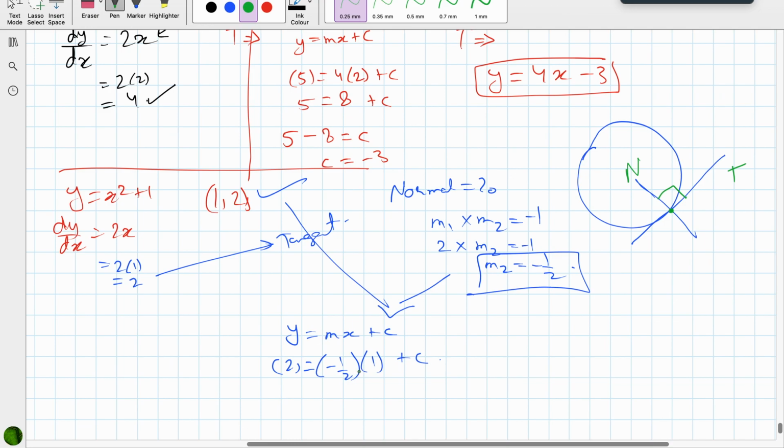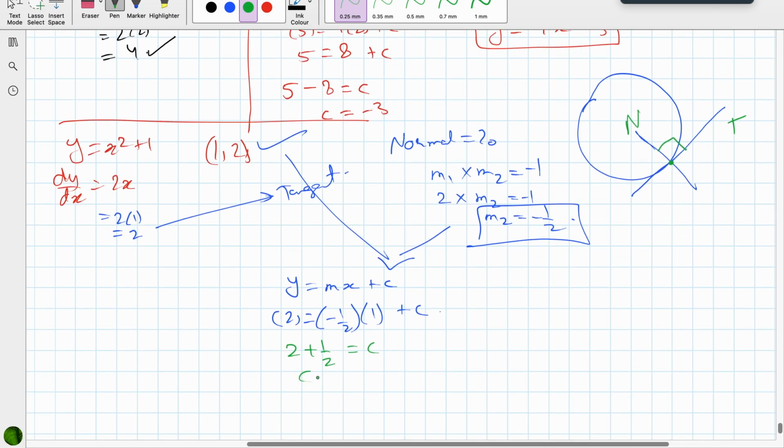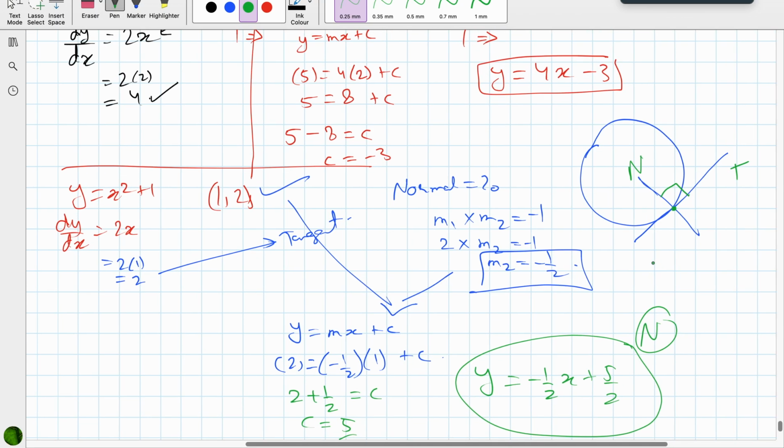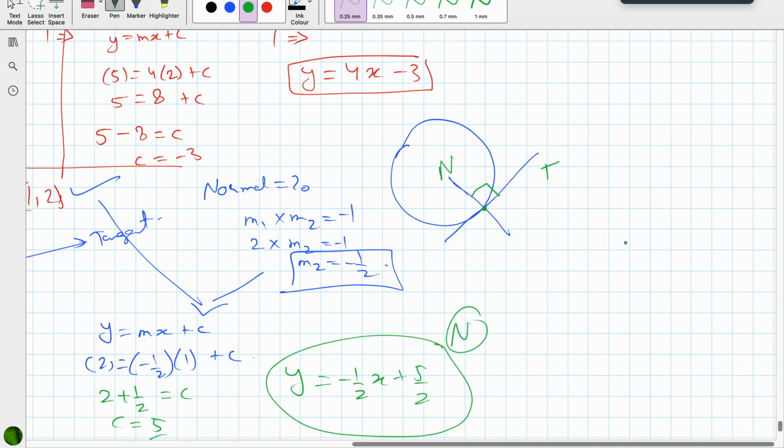So simplifying, 2 minus 1 by 2 plus 1 by 2 is equal to c. So c is 5 by 2 and the equation is y equals negative 1 by 2 x plus 5 by 2. This is the equation of the normal, and this in red is the equation of the tangent, and we have to find the point of intersection.